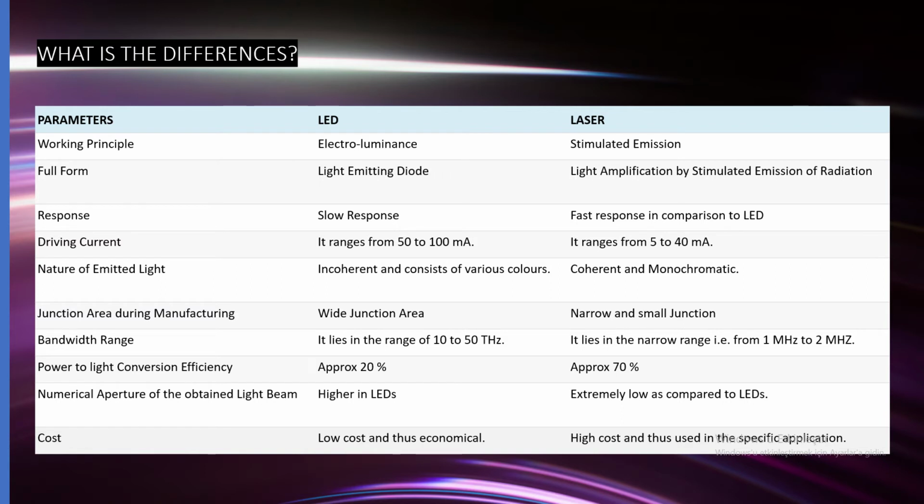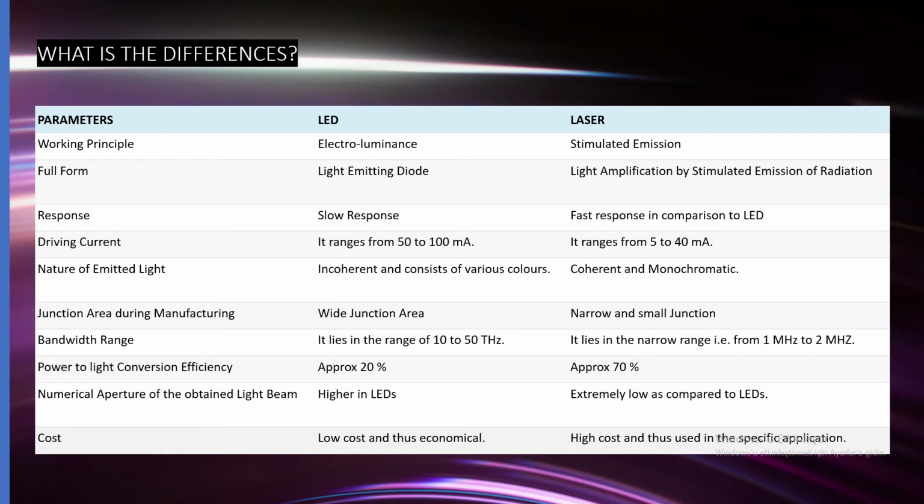Laser, stimulated emission. Full form. LED, light emitting diode. Laser, light amplification by stimulated emission of radiation. Response. LED has slower response. Laser has fast response in comparison to LED. Driving current. LED ranges from 50 to 100 milliampere. Laser ranges from 5 to 40 milliampere.